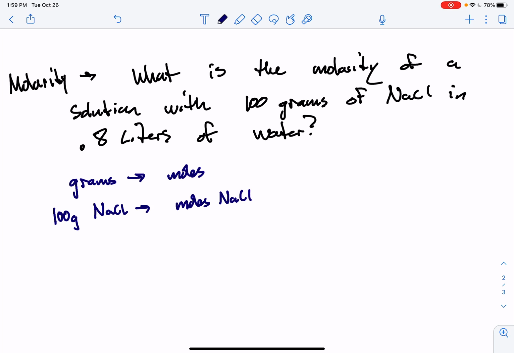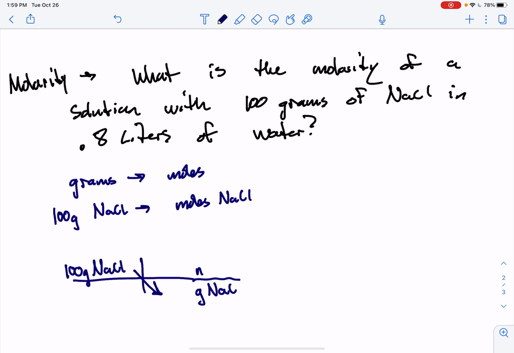And we do that just like we did above. You can pause this and try it on your own if you want. But I would take my given, which is 100 grams of NaCl. I learned in the last video that this unit always goes down here, grams of NaCl, and then on top is moles of NaCl. So I just set this up.